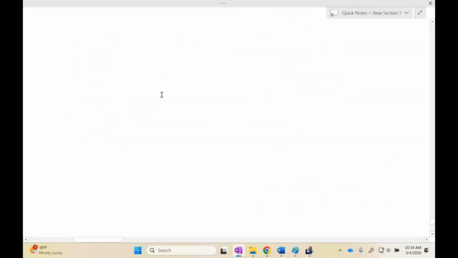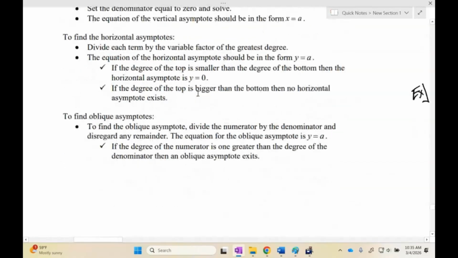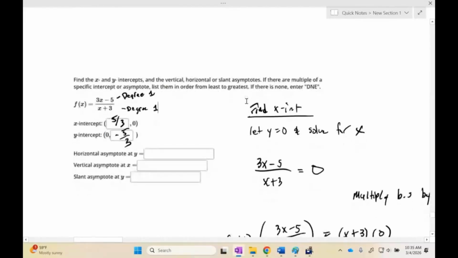If I go back to the checkpoints, it says if the top is smaller than the bottom, it's automatically y equals 0. That's not the case. The second one says the top is bigger than the bottom. That's not the case either. So now I'm going to apply these steps. The first step says divide each term by the variable factor of greatest degree.